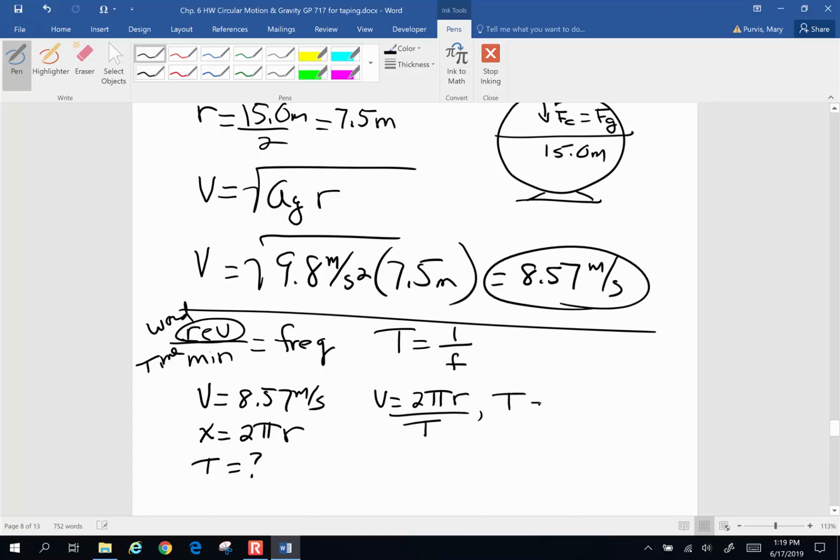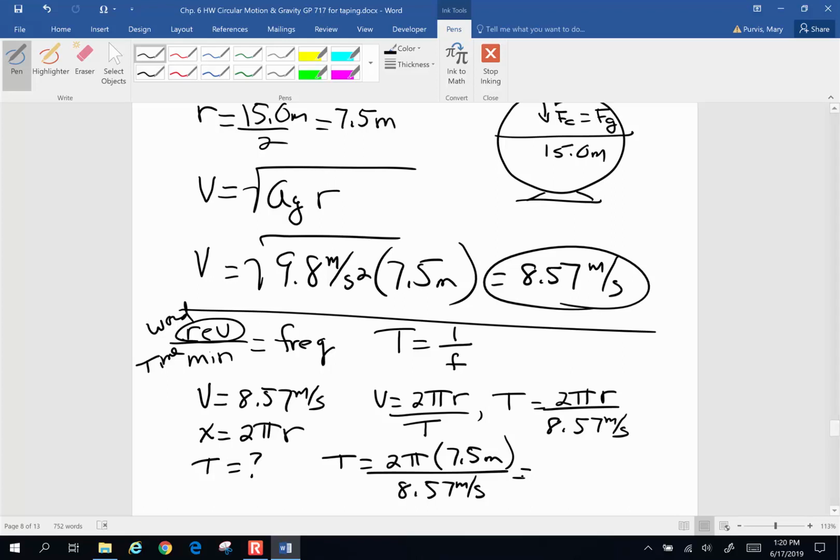So time is going to be equal to 2 pi r divided by our velocity, the 8.57 meters per second. Or the period, the time to go around once, is going to be 2 times pi, the radius, 7.5 meters, divided by 8.57 meters per second.